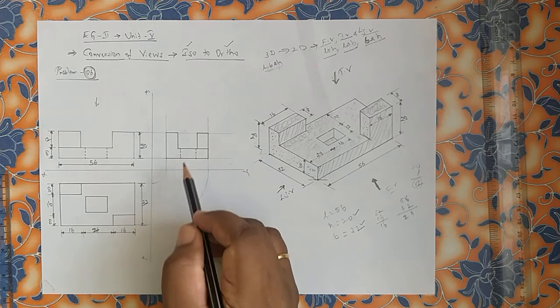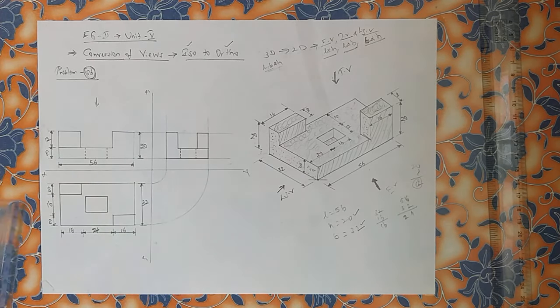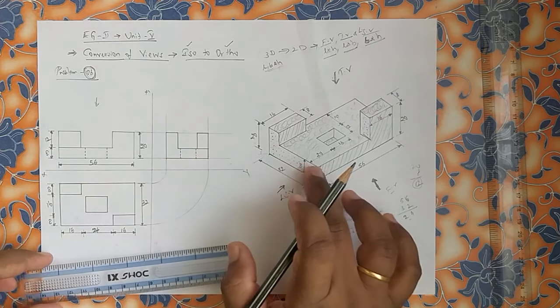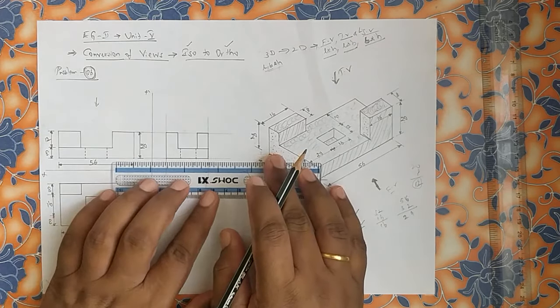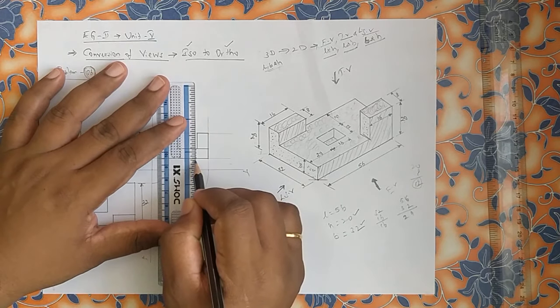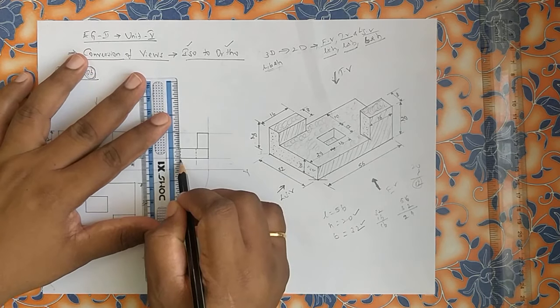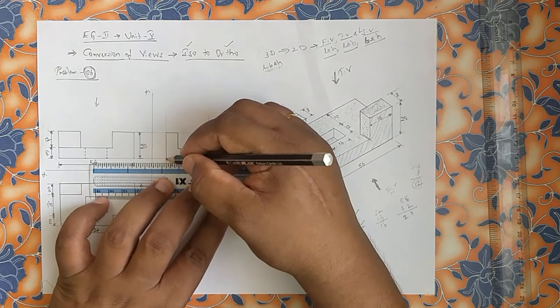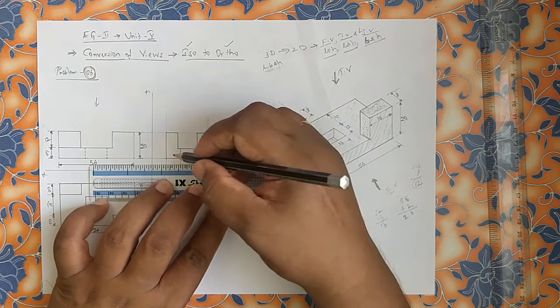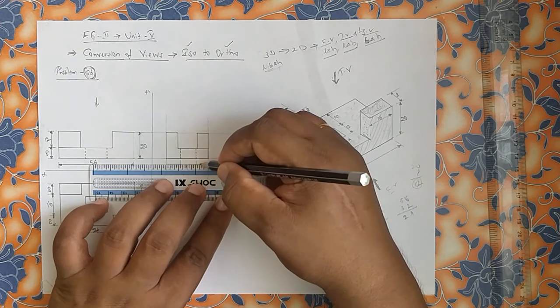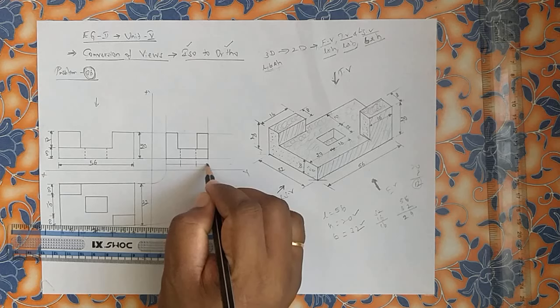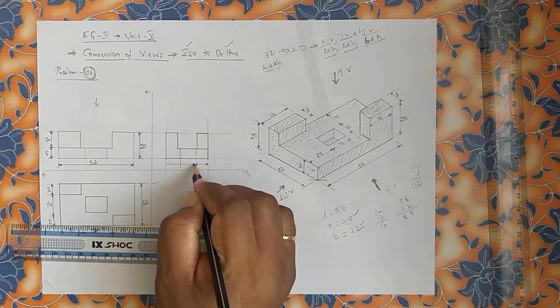Now this dotted, through hole dotted, you are supposed to show in the side view. Now let me show this. In the bottom here 10, 12, I would like to show here like this. See, whatever the dimensions which you think that they are missed, try to draw them.